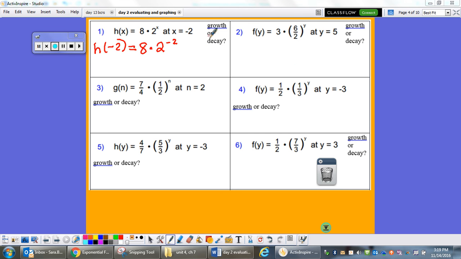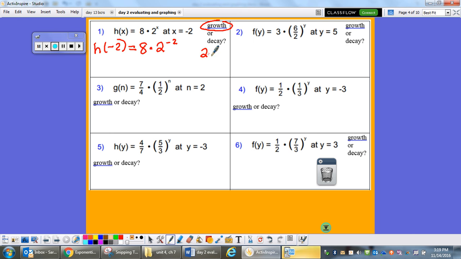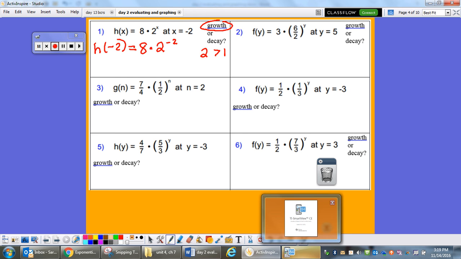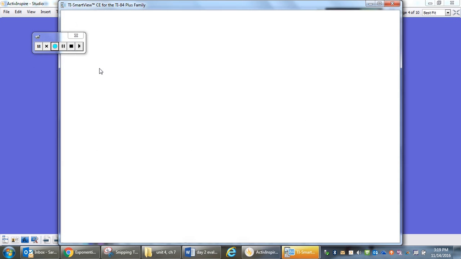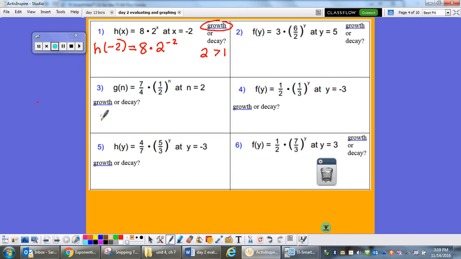While that's loading, you should determine if this is growth or decay. It is growth because 2 is greater than 1. So here's how I would plug this in on my calculator. In the meantime, we'll also write our answer like h of -2 equals.